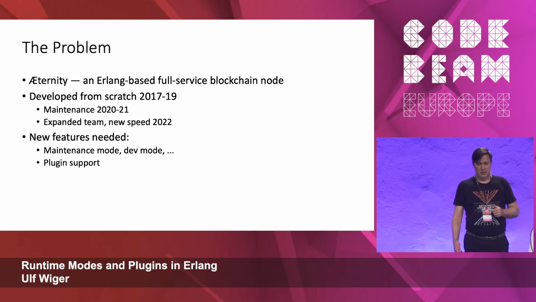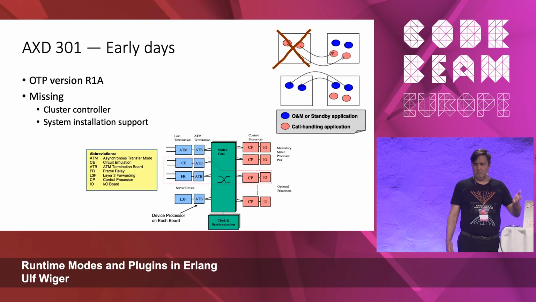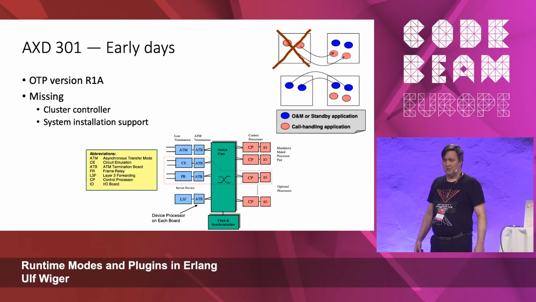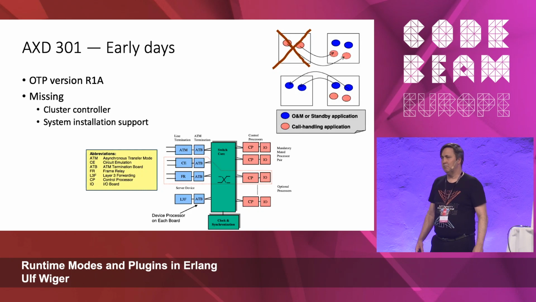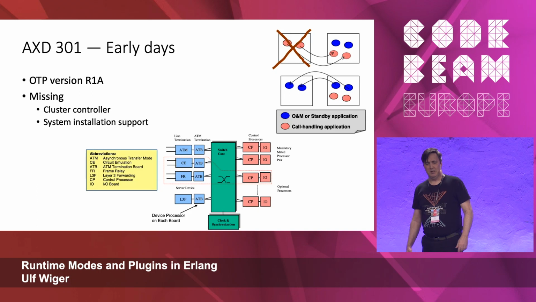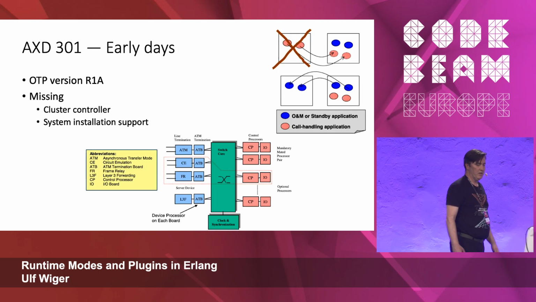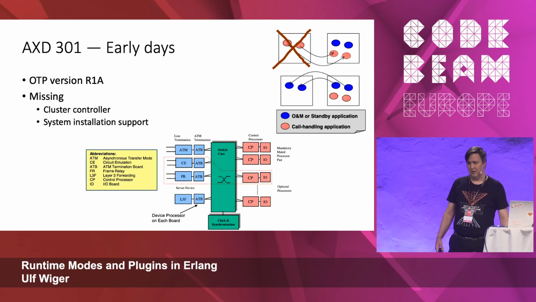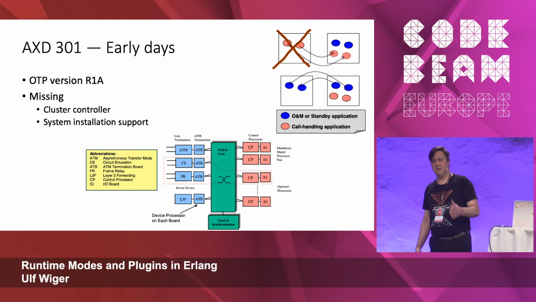Now, I was at the AXD 301 project, and I guess a lot of you perhaps don't know what that is. That was an ATM switch that Ericsson started developing in 96, 97.